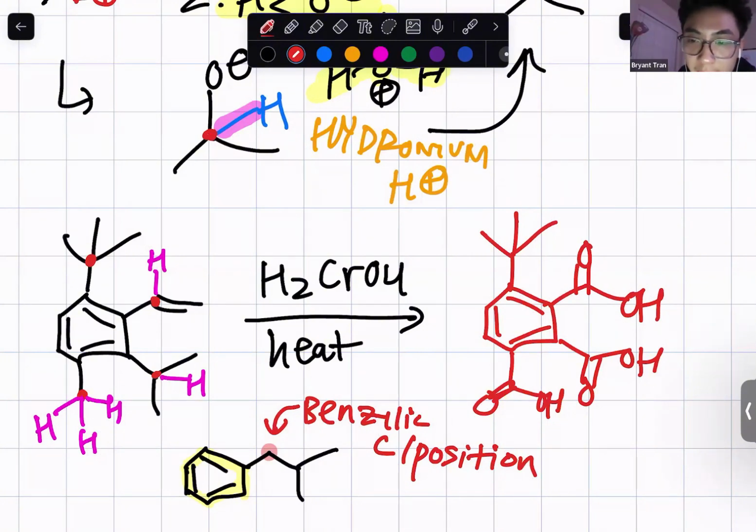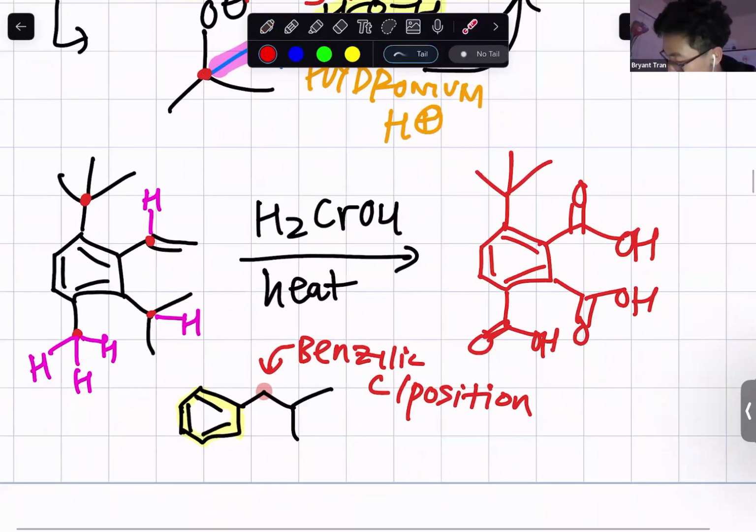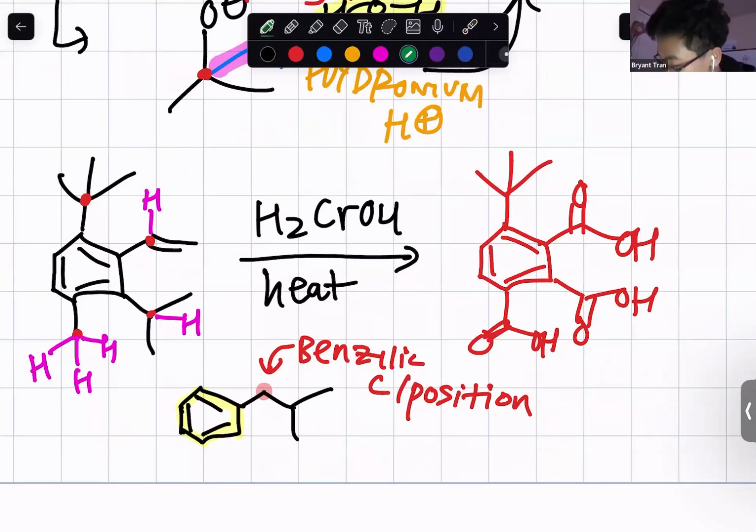So the alkene, that would be a primary carbon, right? The alkene here is going to be considered a secondary carbon because it's attached to two other R groups, right? It's attached to this carbon and this carbon, two different carbons. So that's called a secondary carbon right there. This would be a primary carbon. This would be a tertiary carbon. This would be a tertiary carbon as well.